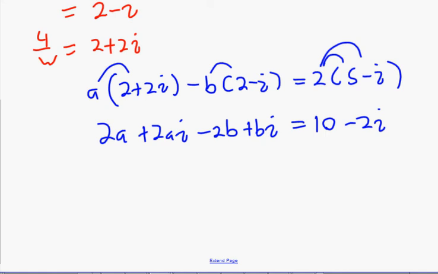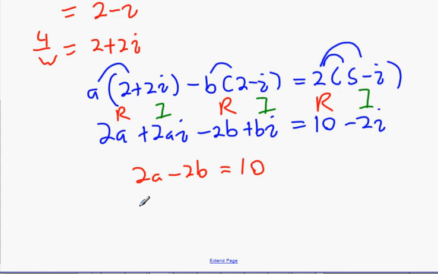What we do is what we did last time. We need to make a list. Real number, real number, real number: 2a minus 2b equals 10. Imaginary number, imaginary number, imaginary number: 2a plus b equals minus 2.